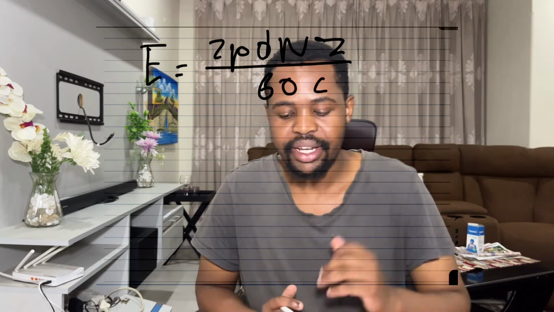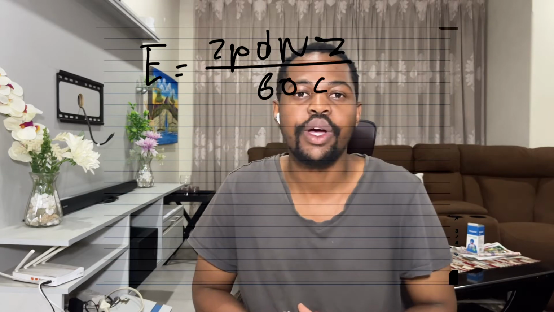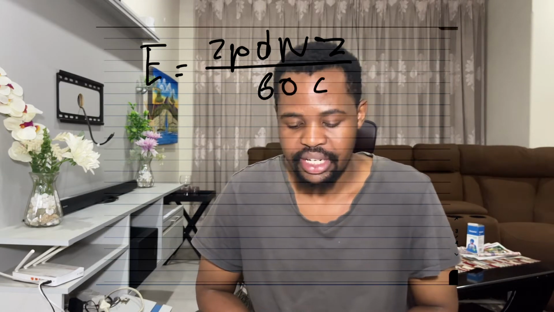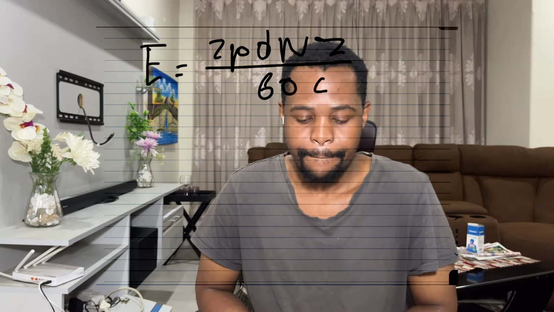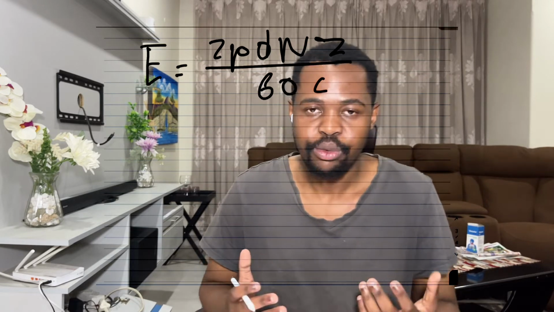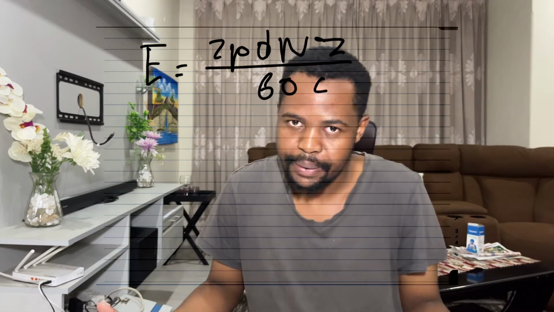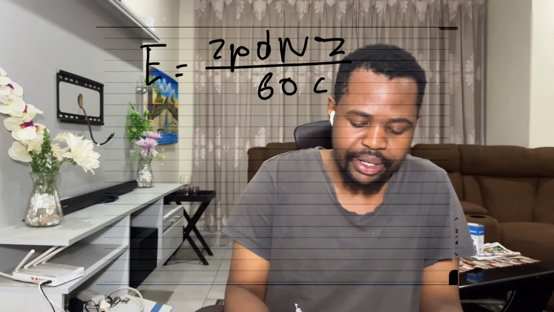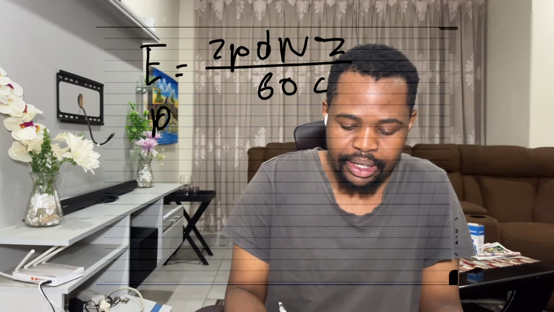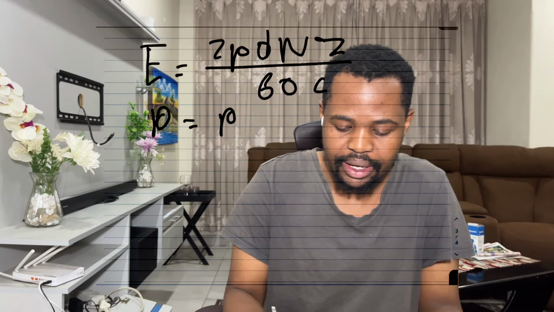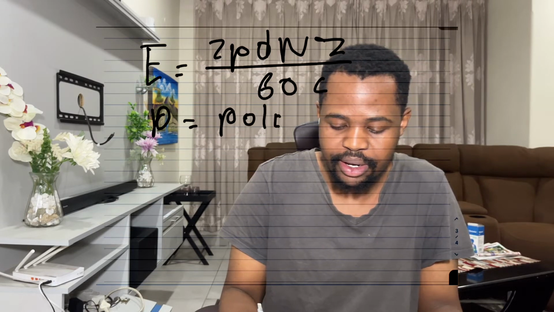Now guys, let us look at each quantity individually. E, we know, is the EMF, né? Then P is the pole pair. Okay, what do we mean by a pole pair?